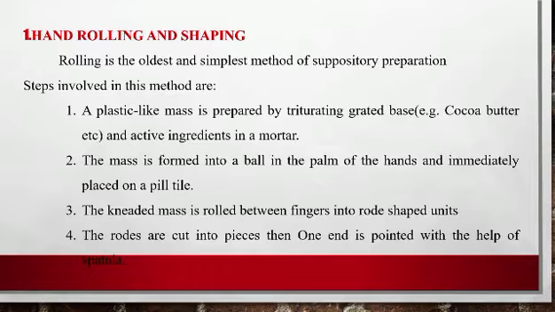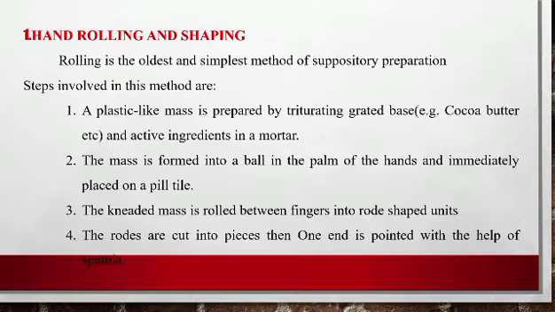We properly triturate the active ingredient along with the cocoa butter to form a plastic-like mass. Once the mass is prepared, we make it into a ball with the help of hands, and immediately place it on the pill tile.